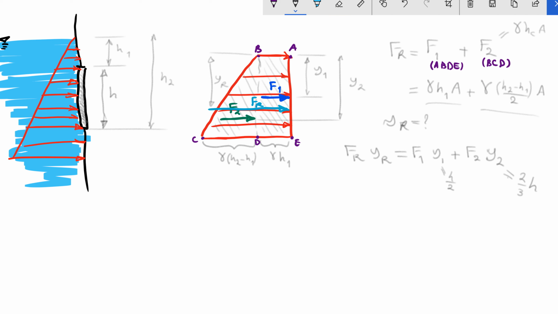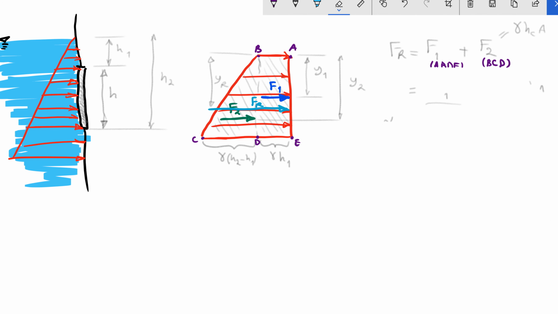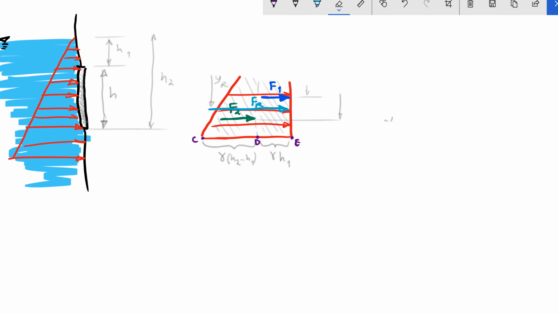Because in the previous section I showed you how to calculate this one. Therefore, YR is going to be F1 Y1 plus F2 Y2, divided by FR. And we found our position. Done. Let's go and review the final one, which is the bended surface. Okay.